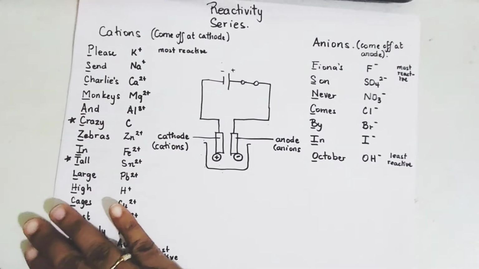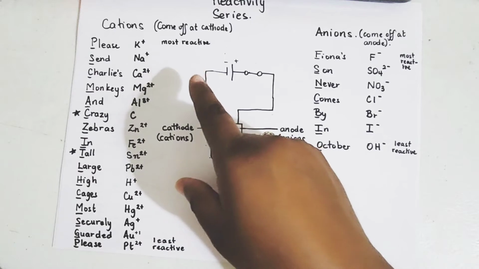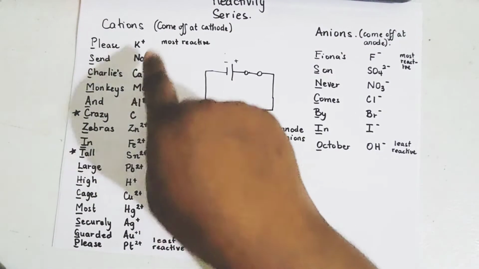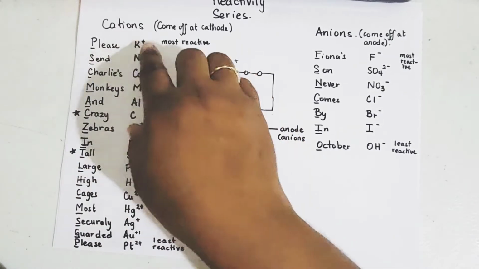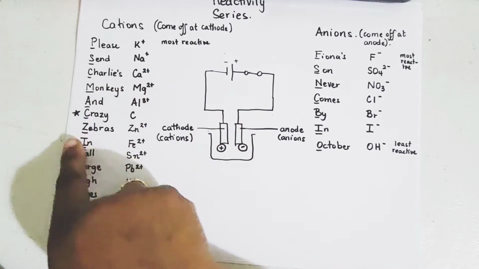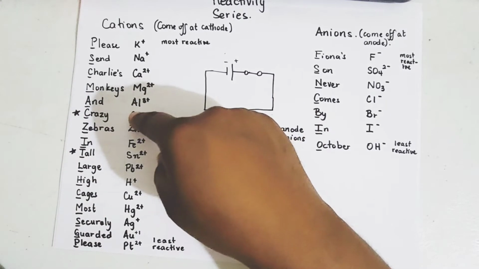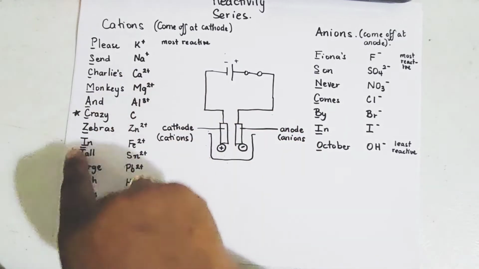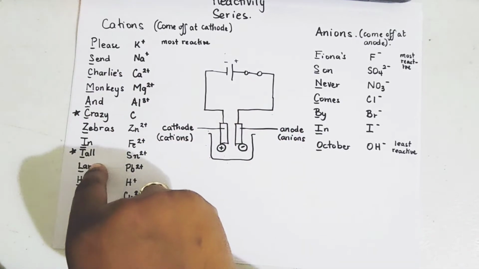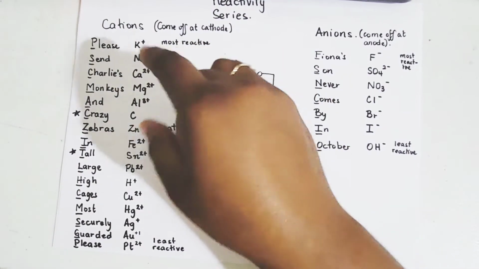To remember the cations that are most popular, remember this mnemonic: Please send Charlie's monkeys. We don't usually say crazy zebras, but the carbon is put in place here. Those with the stars are not usually put in here, but I included them because sometimes you might need a little help.